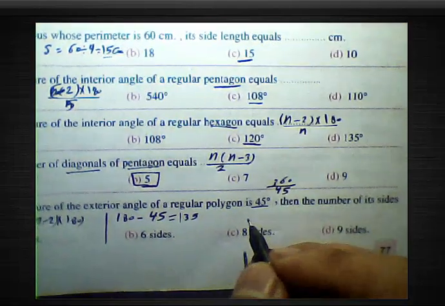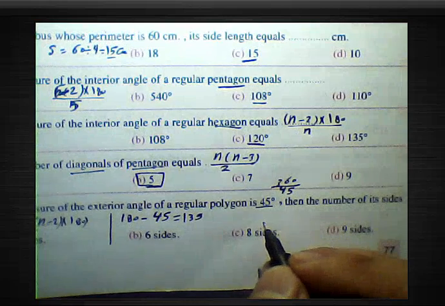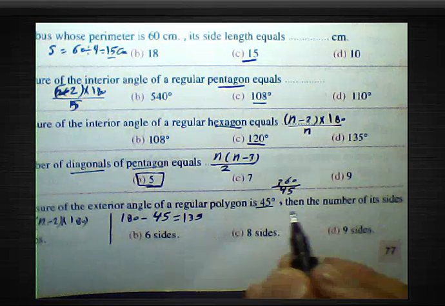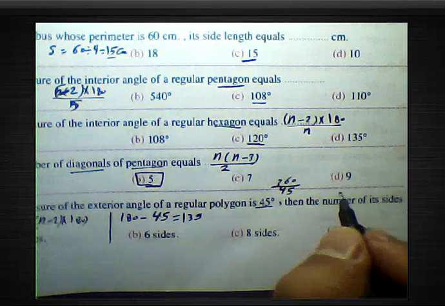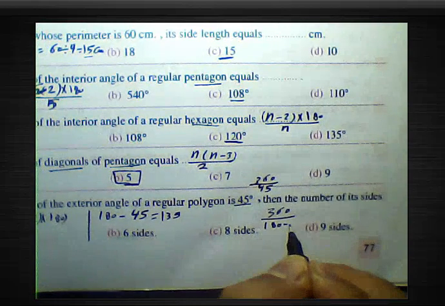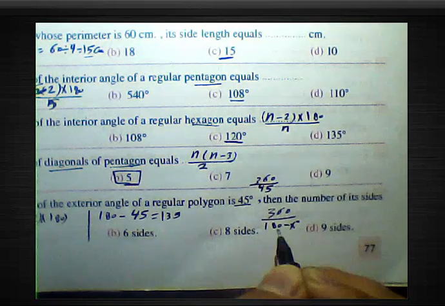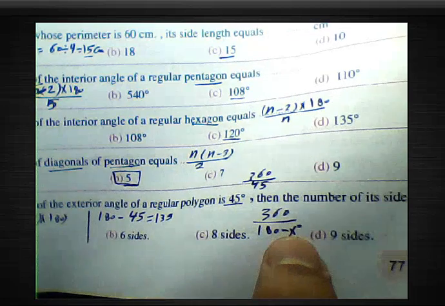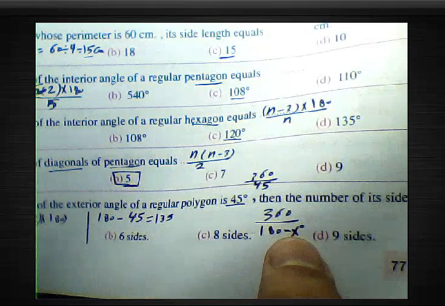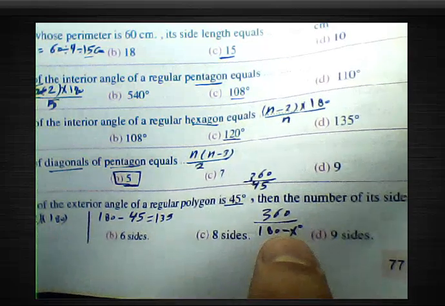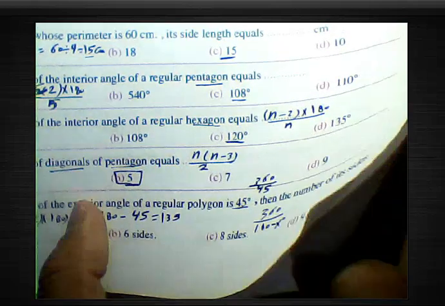If the teacher gives you the interior angle, you must write this rule: 360 over (180 subtract x), where x refers to the interior angle, so 180 minus x refers to the exterior angle.